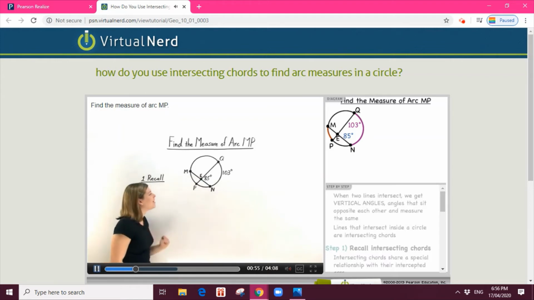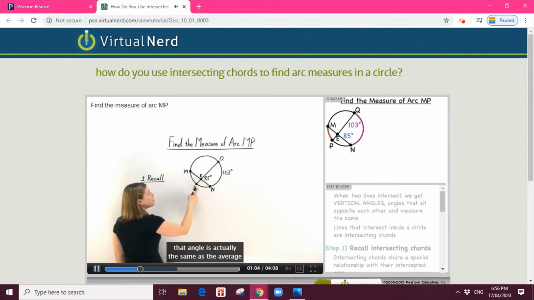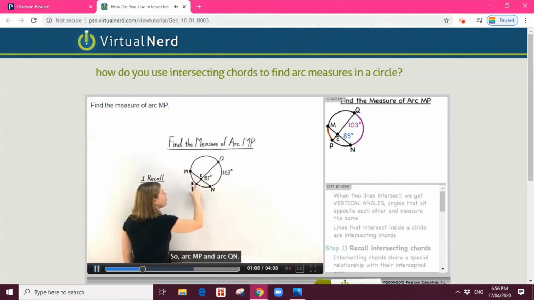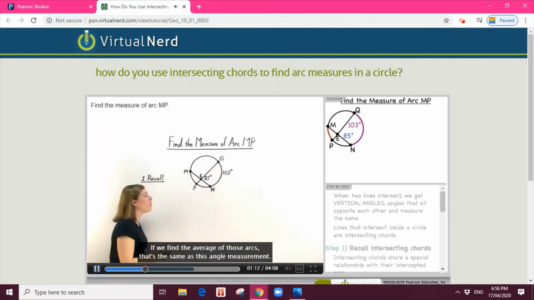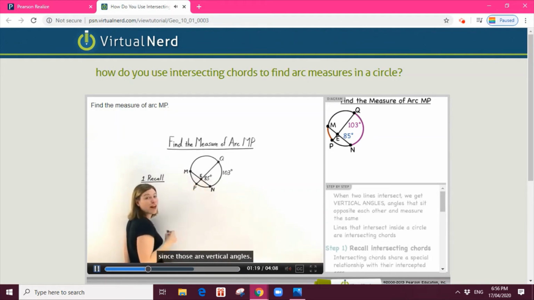Let's take a look. If we look at just one of these angles, say this angle, MEP, that angle is actually the same as the average of the corresponding intersecting arcs. So, arc MP and arc QN. If we find the average of those arcs, that's the same as this angle measurement. And it would actually be the same as this angle measurement, since those are vertical angles.